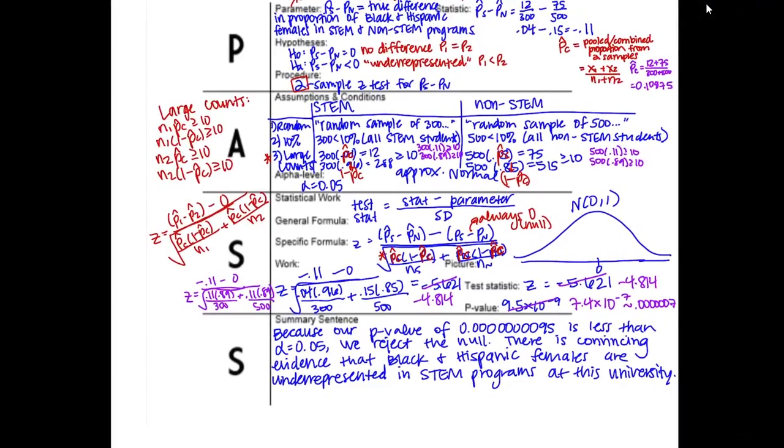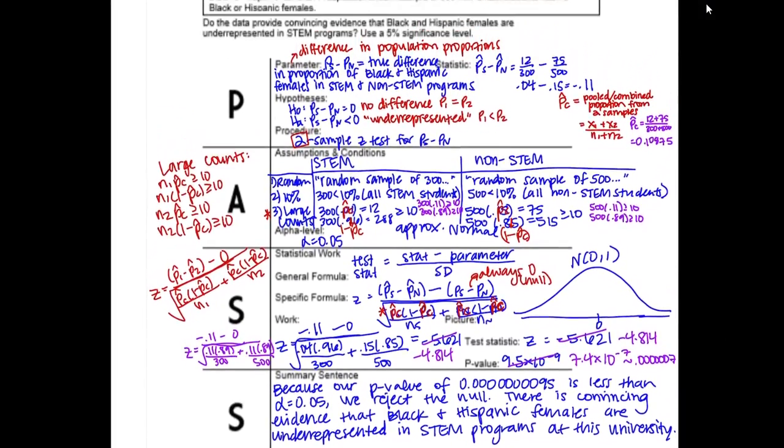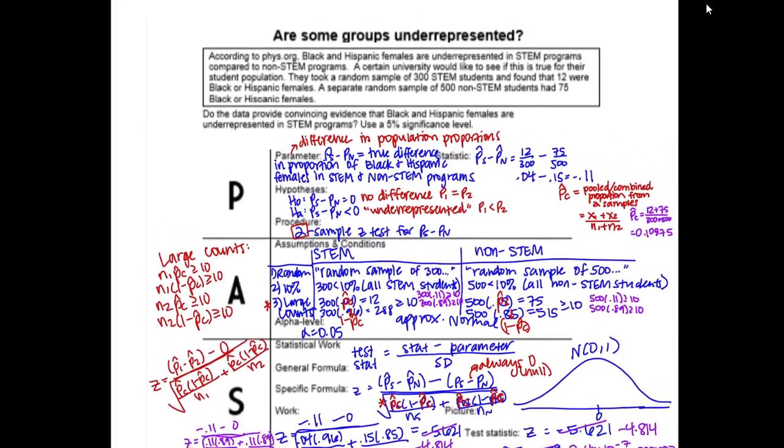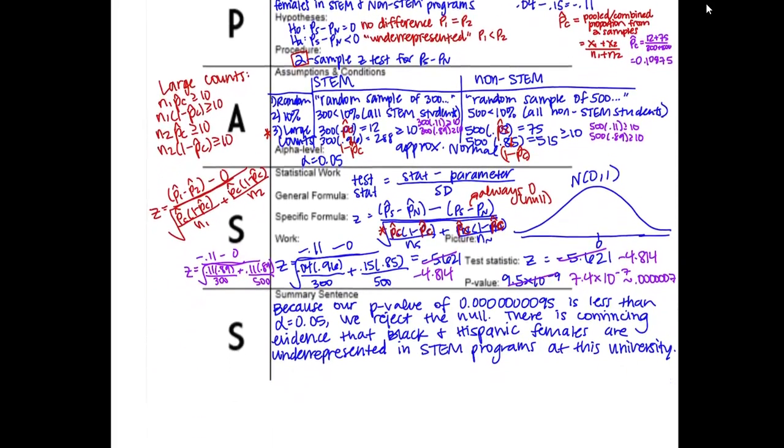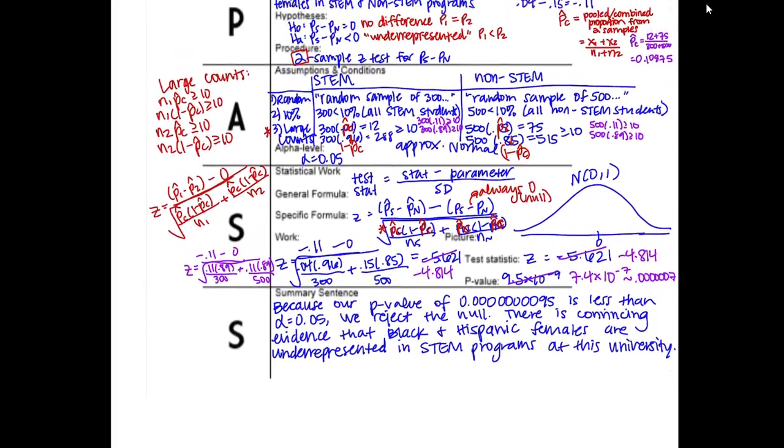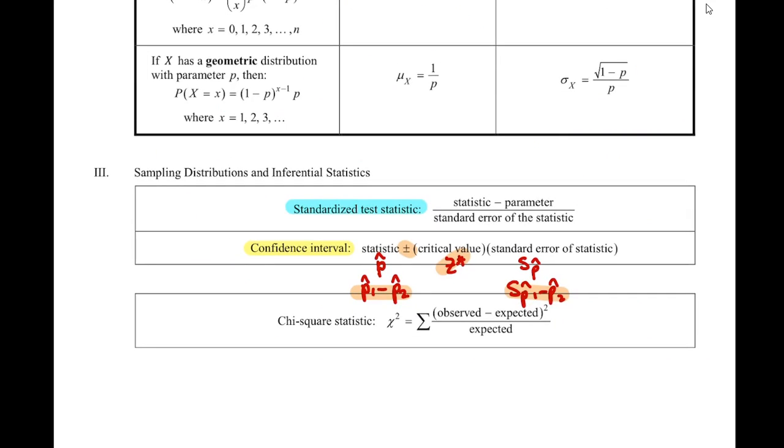And I'll show you on your formula sheet where it all comes together. So look at this standardized test statistic. We have in the blue highlight here, statistic is your difference in sample proportions. Parameter is the difference in population proportions, which will always be 0 for us right now. And then the standard error.